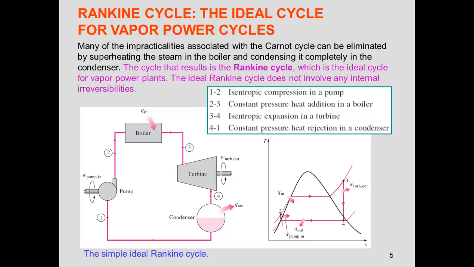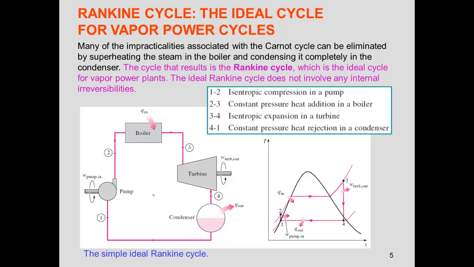We have our pump that pumps liquid water to the pressure of the boiler, then we add heat until we vaporize it and then superheat it. We let this vapor go to a turbine where it expands and we have all this work, and then we condense it to have it all over again.